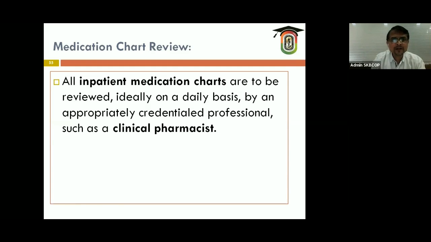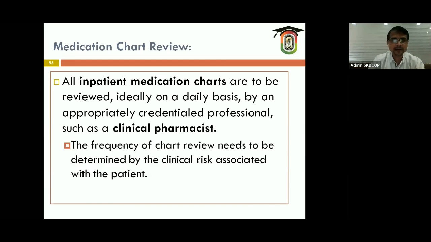So all inpatient medication charts are to be reviewed ideally on daily basis by an appropriate credentialed professional such as a clinical pharmacist. मतलब clinical pharmacist ने daily basis पर inpatient medication chart का review करना चाहिए ideally. ठीक है. So it depends upon the hospital how regularly a clinical pharmacist performs this function. बट आइडियली हर दिन जो भी चार्ट बनता है उस चार्ट का रिव्यू करना चाहिए क्लिनिकल फार्मासिस्ट ने.